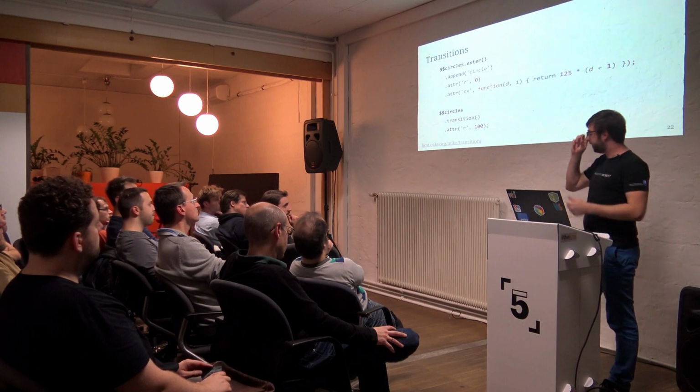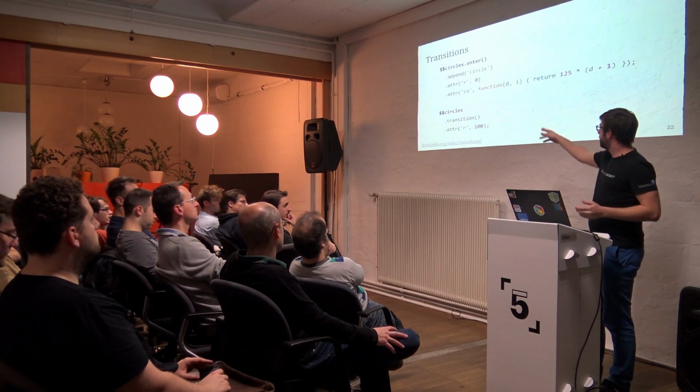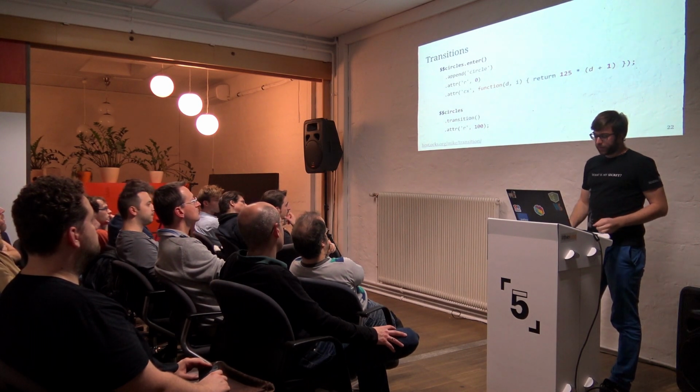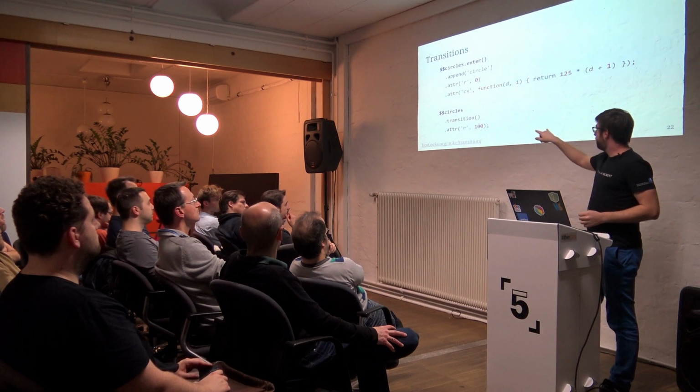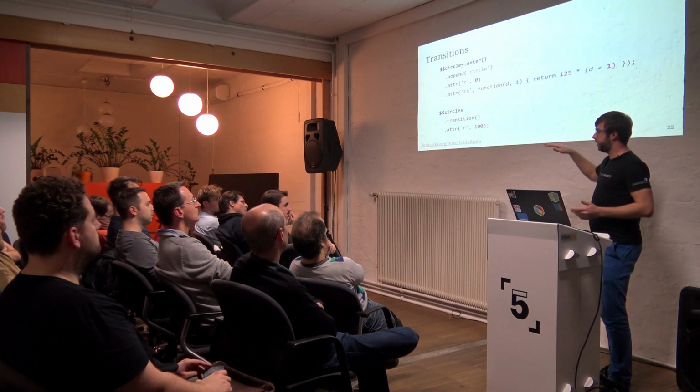You can define the delay, the easing, and the duration of the animation also, but basically it gives you some default animation here. So making transitions is very easy: it's just putting this transition method in between and then putting another attribute function, for example. It makes automatic interpolation of the attributes.